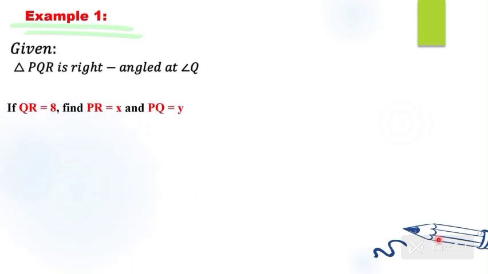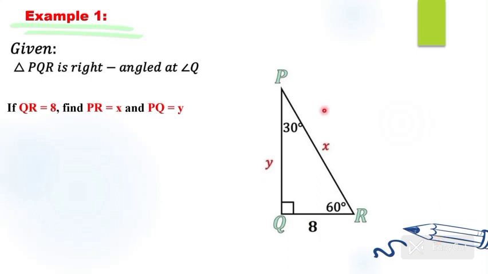So given the PQR is right angled at Q, so we have here the figure. The right triangle PQR angled at Q. So if QR is 8, find PR equals x and QP or PQ equals y. First, we're going to solve for x.